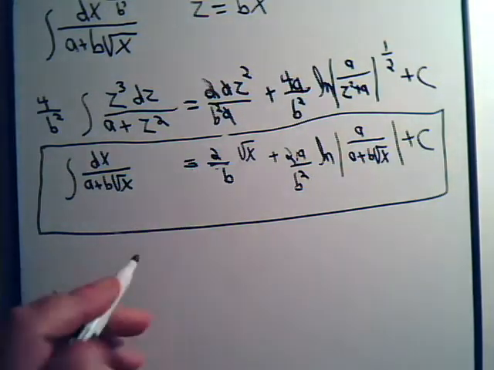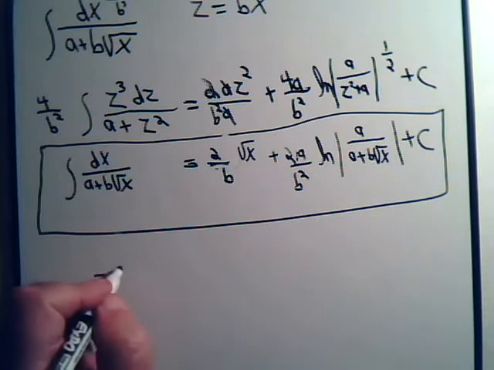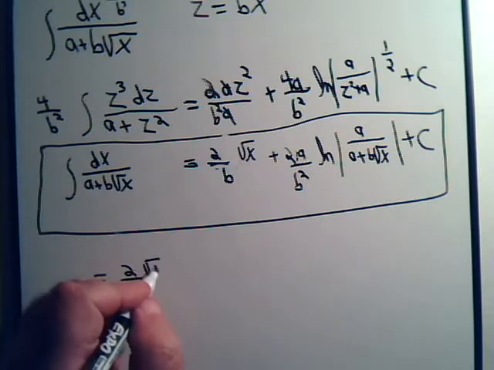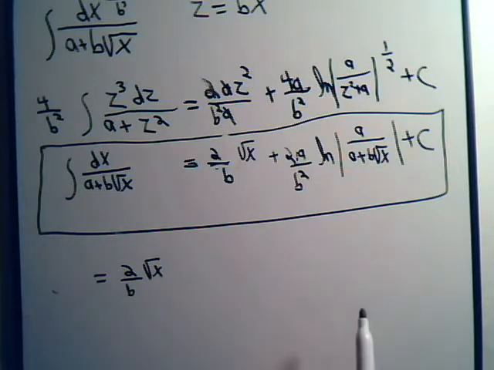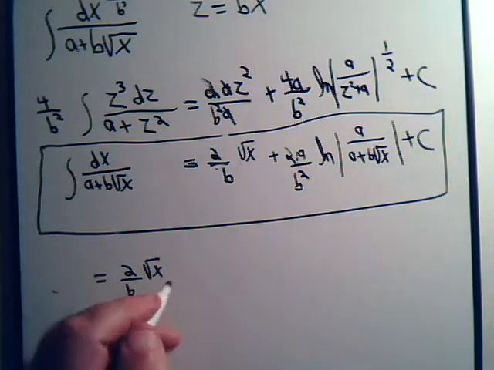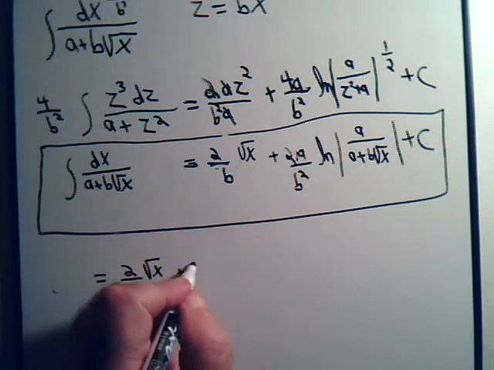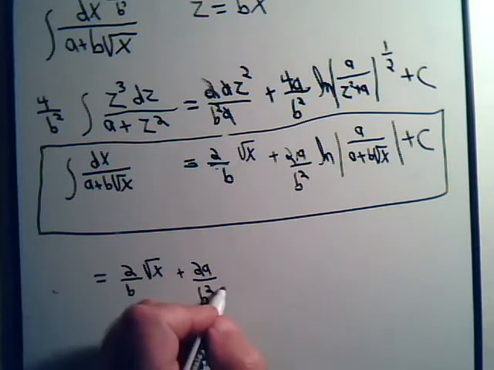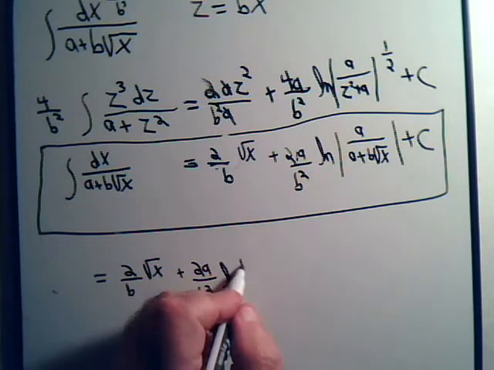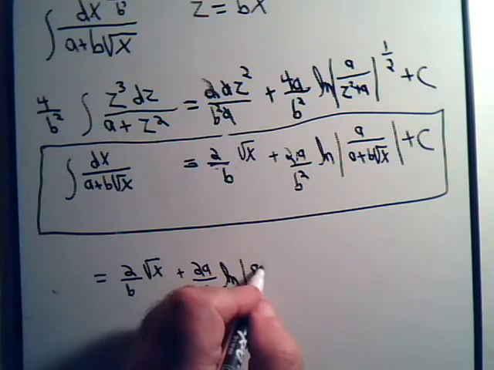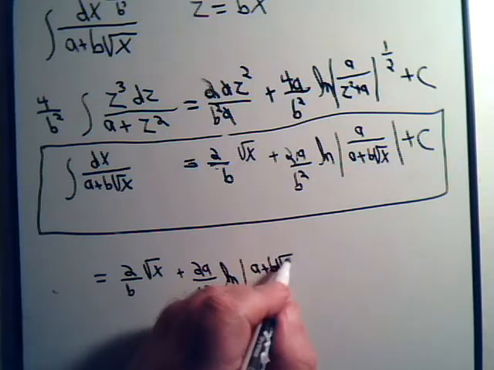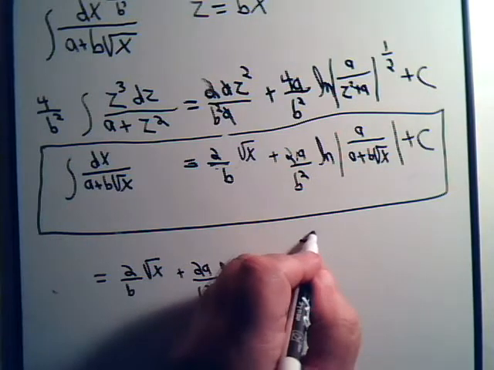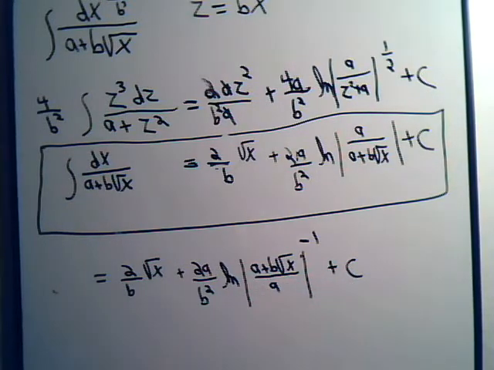So, let's see, we could say this equals, this stays unchanged, 2 over b times the square root of x, plus 2a over b squared, the natural log of a plus b times the square root of x divided by a to the minus 1 power, plus c.